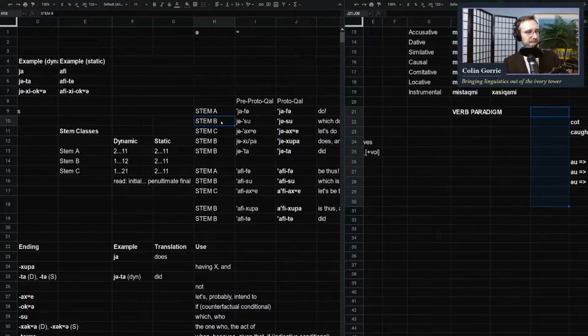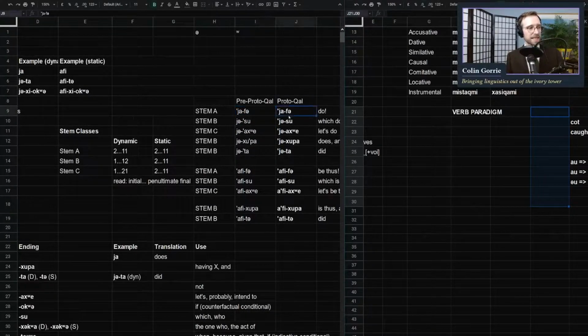We have this root ya, or y, which means to do. In stem A, the vowel of the root shows up as a. In stem B, it shows up as schwa, and in stem C, it shows up as schwa as well.